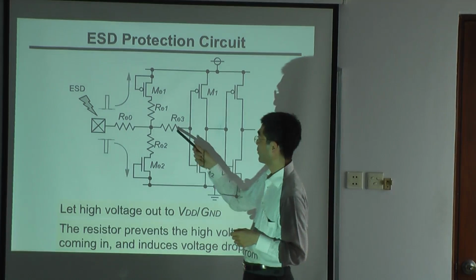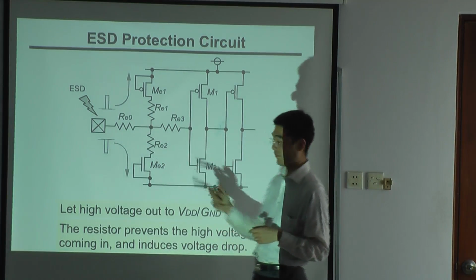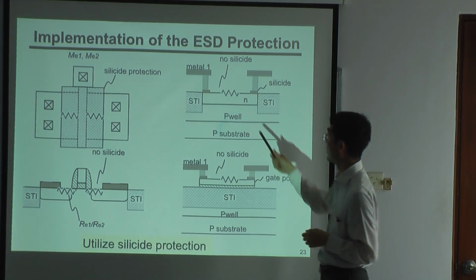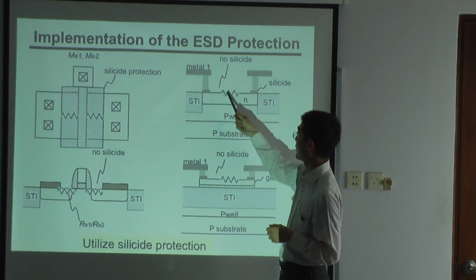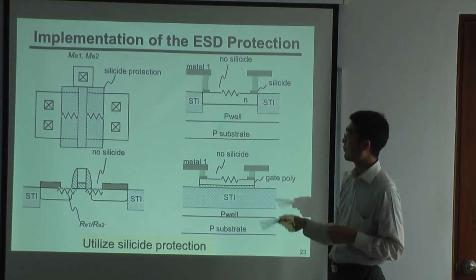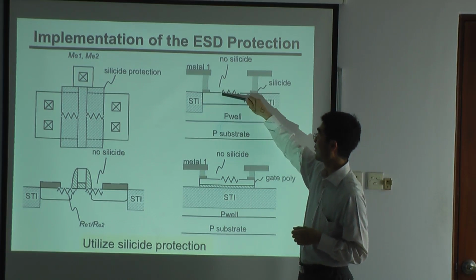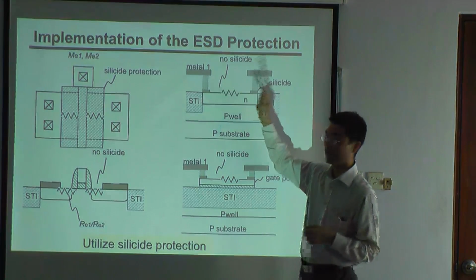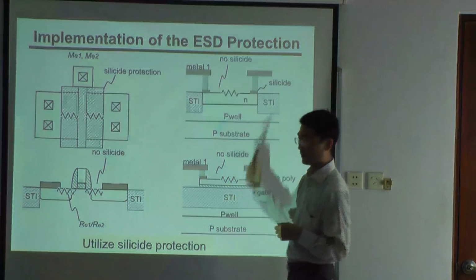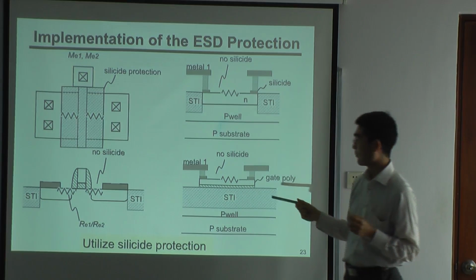And also for these resistors, we usually use this kind of diffusion, the source drain regions. And in this case also we remove the silicide, so that we can have a resistance.